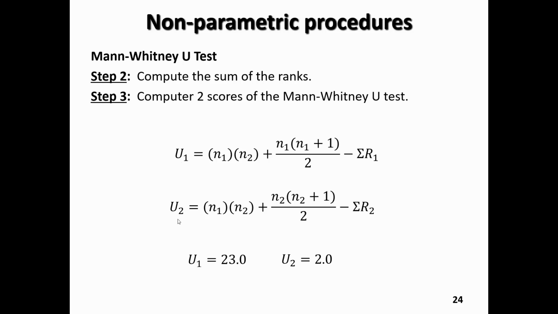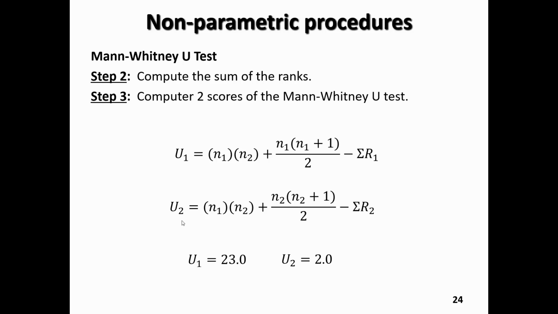We calculate the test statistic for the second group, and as you can see, it's very similar. Note that the second term uses the sample size of the second group. It just happens to be the same as the first group, but in case you have a study with a sample size of 6 or 7 or maybe even 4 in that second group, you would use those appropriate numbers.